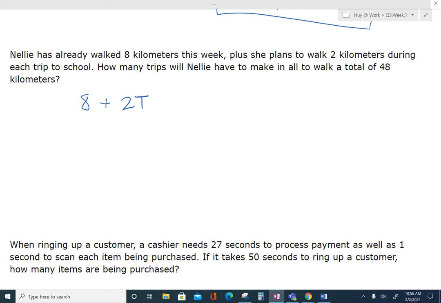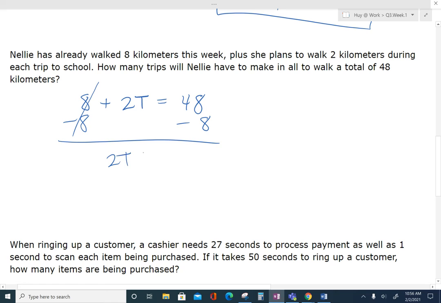How many trips will she need to walk a total of 48? So the total is 48. She's already walked 8. She's going to do 2 more every single trip. So it's a 2-step equation here. Let's use an inverse to move that constant to the other side.